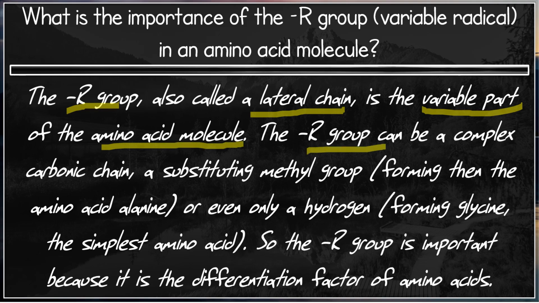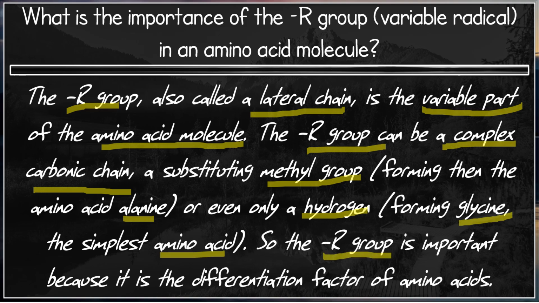The R group can be a complex carbonic chain, a substituting methyl group, forming then the amino acid alanine, or even only hydrogen, forming glycine, the simplest amino acid.